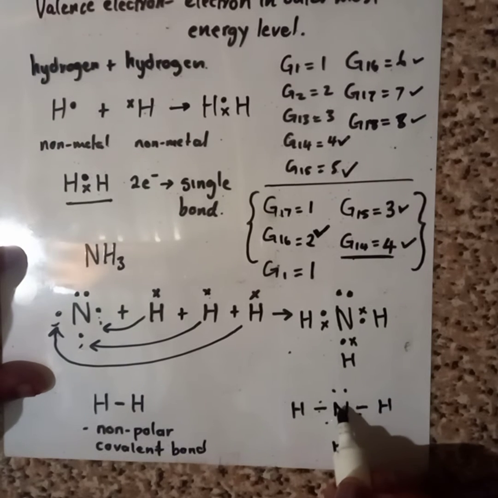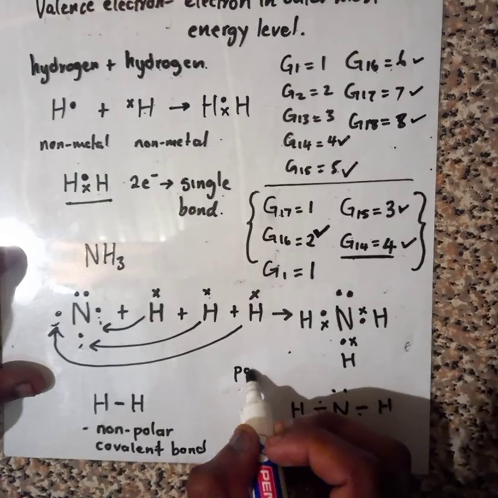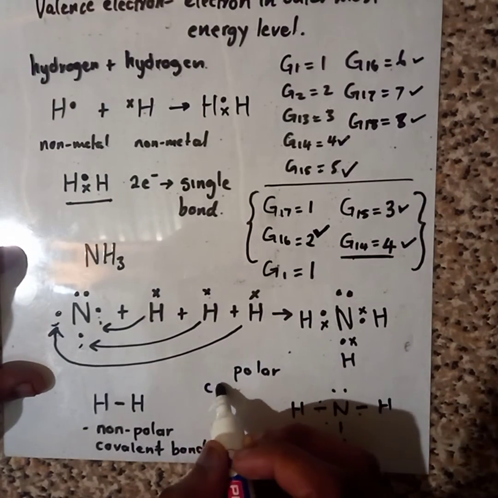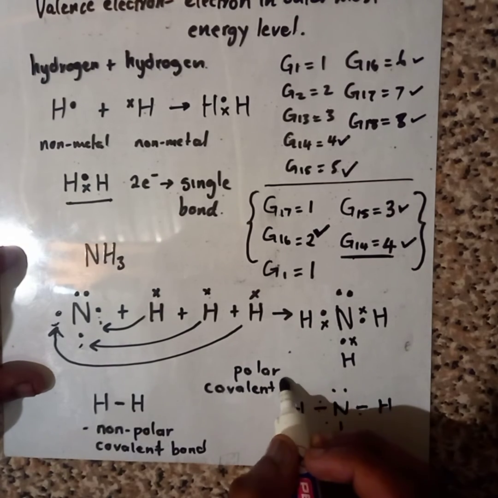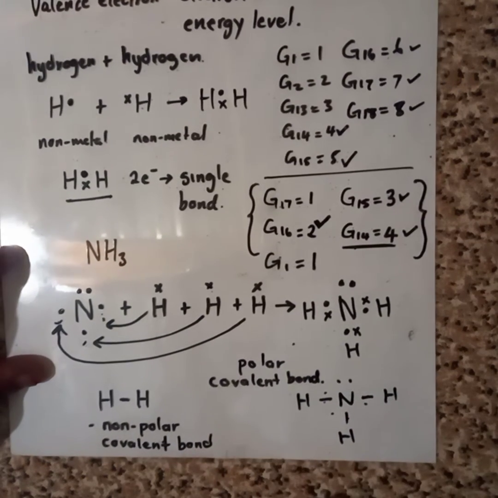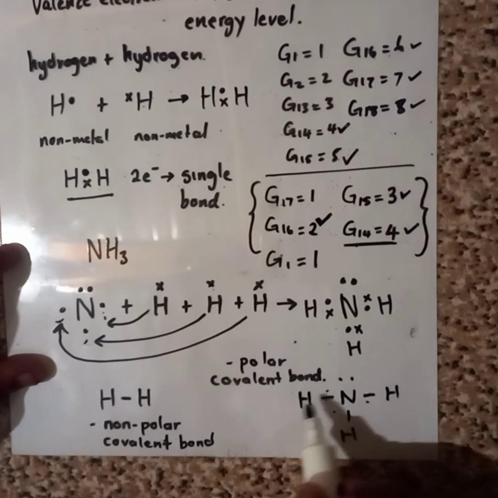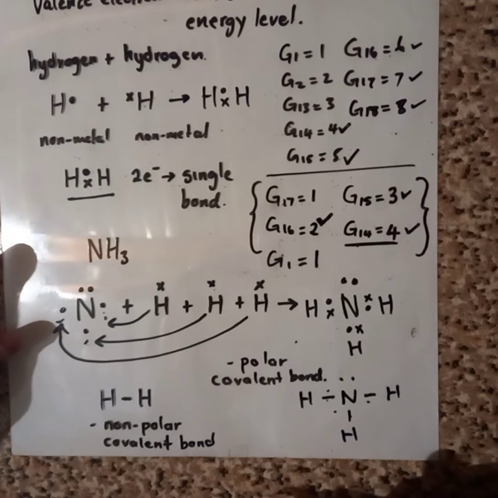Then between 2 elements which are not the same, we get what? A polar covalent bond. You see, this one is a non-polar covalent bond, this one is going to be a polar covalent bond.